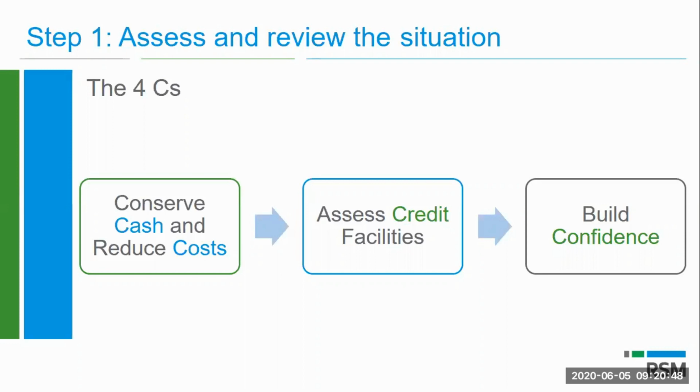Now, reducing costs, a lot of times, business will just go to the immediate thing, obviously, which is retrenchments, adjustments to headcount, etc. But it's worth taking a step back and looking at, once again, the operating environment of your business.